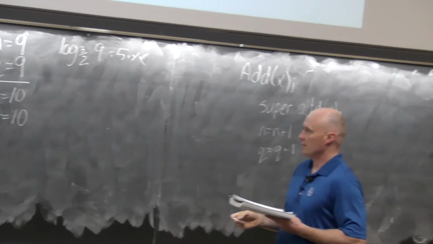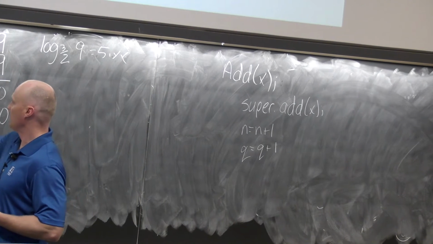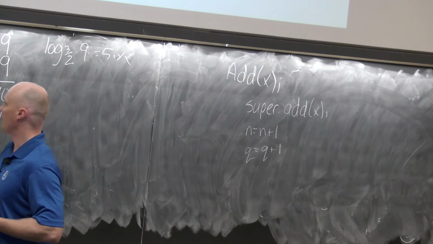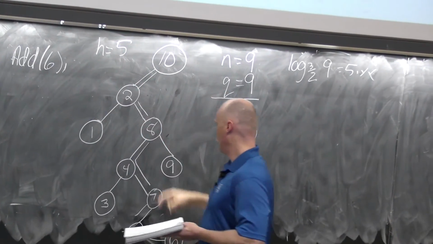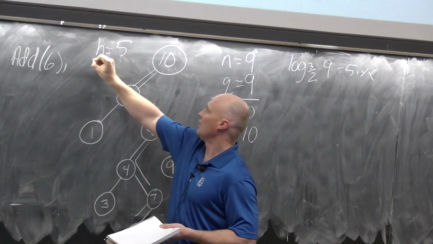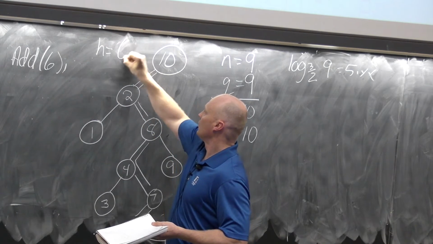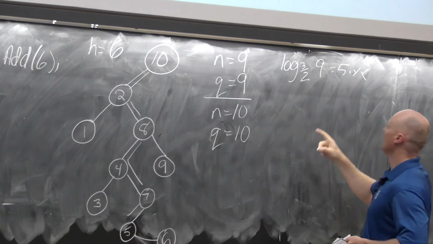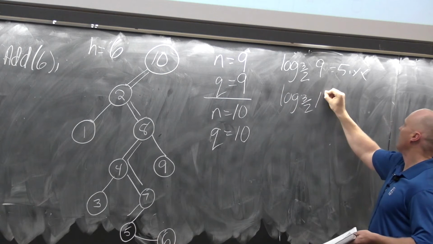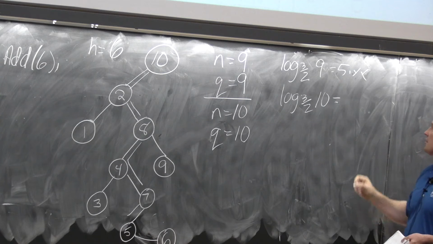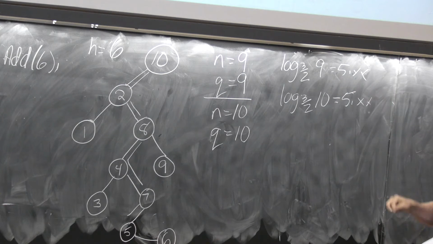And now, our height before was 1, 2, 3, 4, 5. So height is equal to 5. And now we've added a node, so it's become 6. And log base 3/2 of 10 is equal to, again, 5 and change.